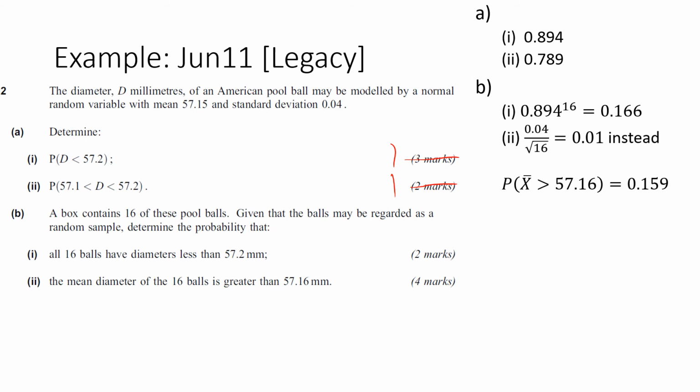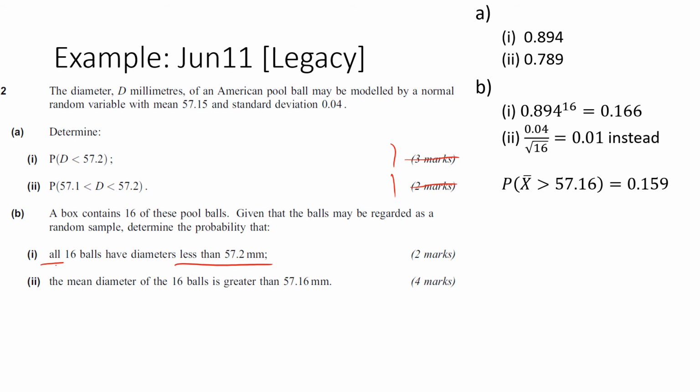Okay? The tricky bit is part B. We've been taking a sample, alright, but be careful. All less than. We've got the probability of an individual ball being less than 57.2. That was A part 1. That's the event of one ball. Let's say ball number 1 satisfies that criteria of being less than 57.2, and ball number 2, and ball number 3, and ball number 4, all the way up to, and ball number 16.